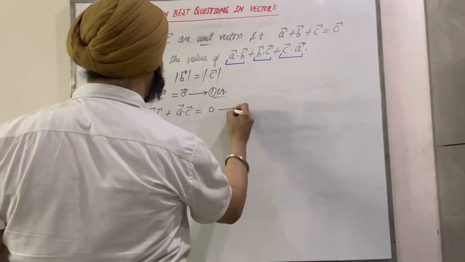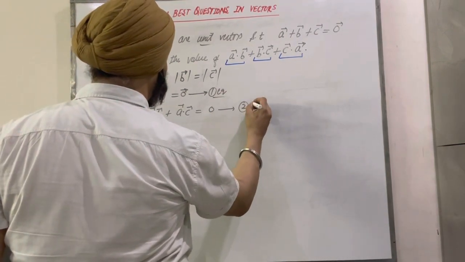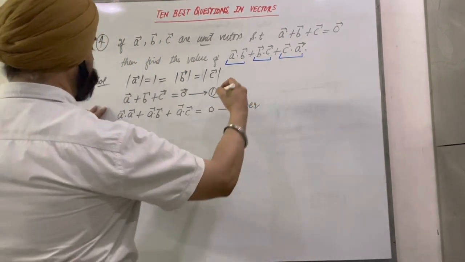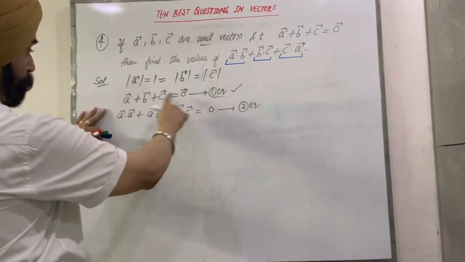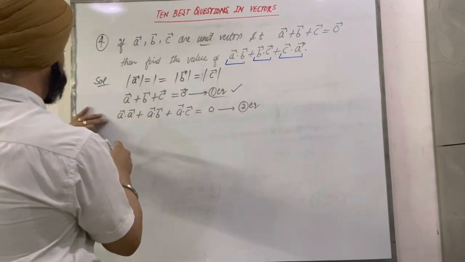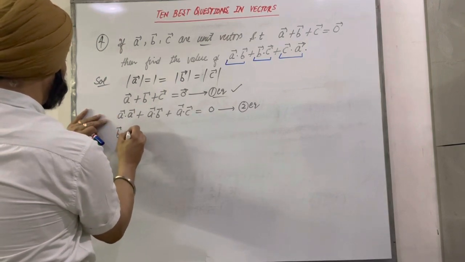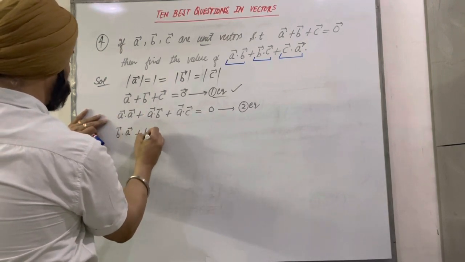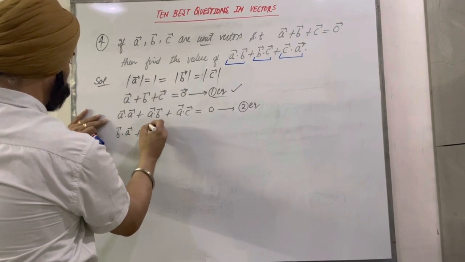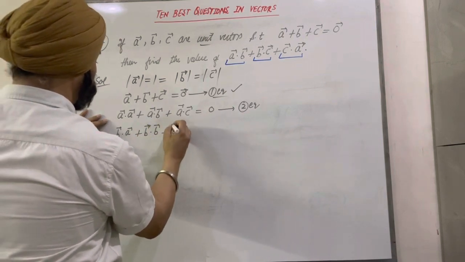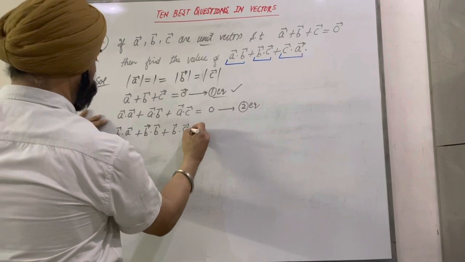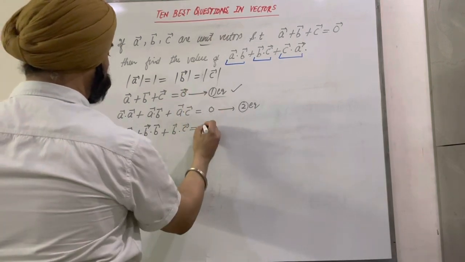I take this equation as equation number 2. Likewise, if I take the dot product of the first equation, but this time with vector B, I get vector B dot vector A plus vector B dot vector B plus vector B dot vector C, and vector B dot vector 0 is simply 0.